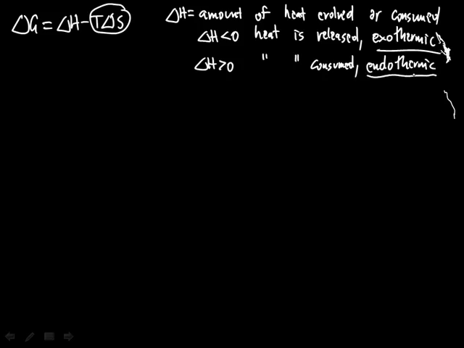Okay? And how much heat will be released or consumed depends critically on the type of bonds that are broken or formed in the course of the reaction. The change in delta S is basically the change in the disorder of the system, or its randomness.